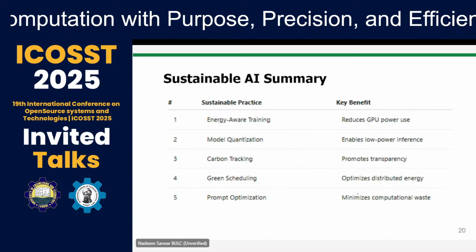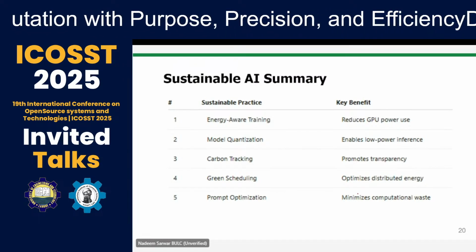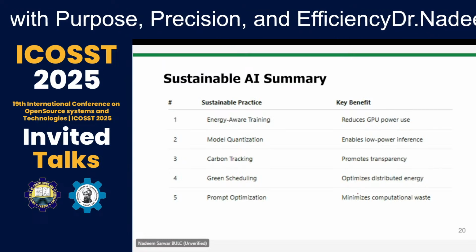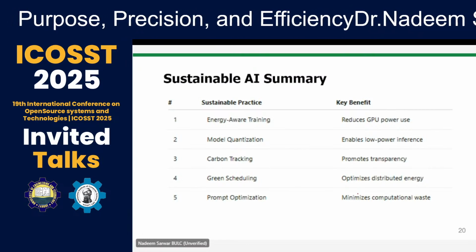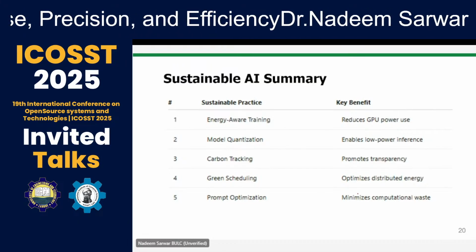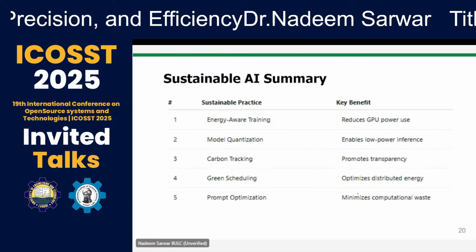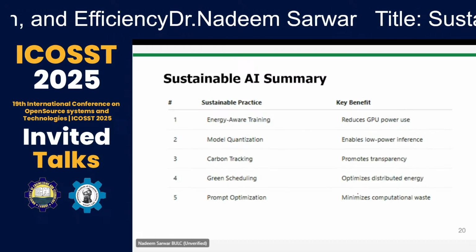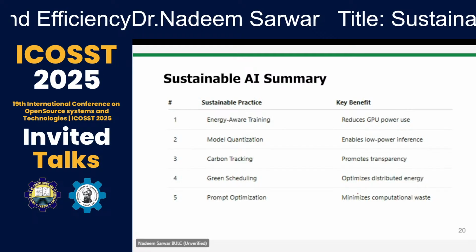If we adopt model containerization techniques, we benefit from enabling lower-performance inference. When we use built-in functions for carbon tracking, we can promote transparency. Green scheduling also benefits us through optimized distributed energy.